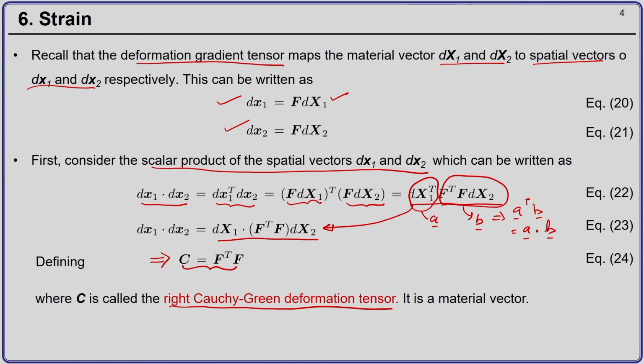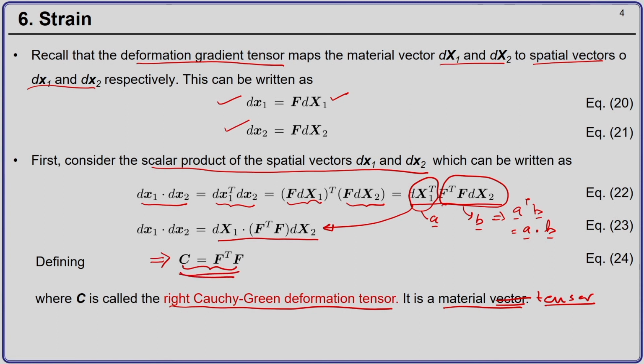Sorry, it is a material tensor, because it totally resides in the material configuration, or the initial configuration. This equation is the direct notation.